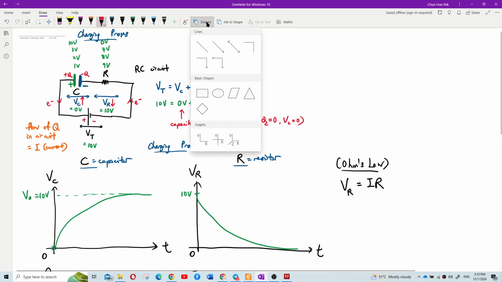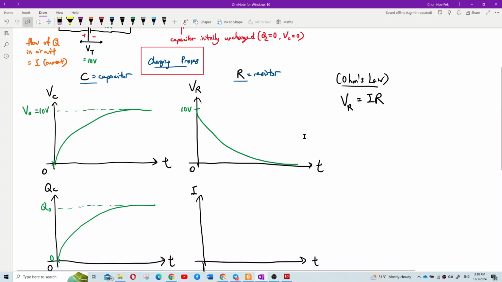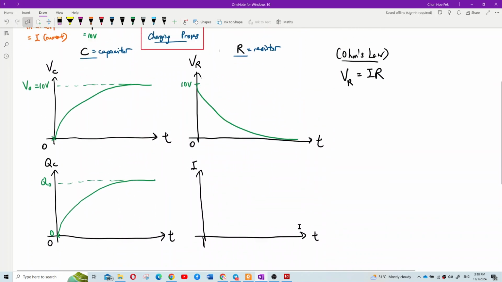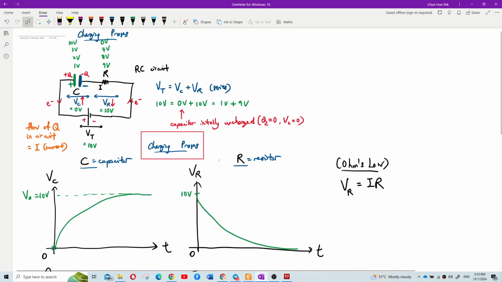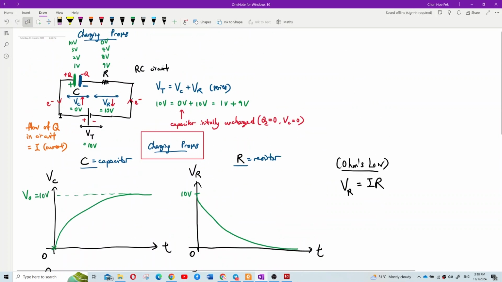Charging process. Okay. Now, what happened to the current in the charging process? What happened to the current? Current itu arus. Apa itu arus? The flow of charge in the circuit.